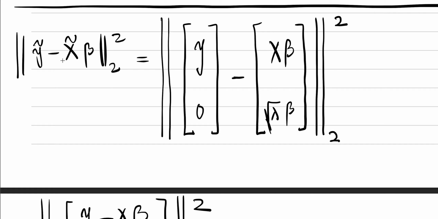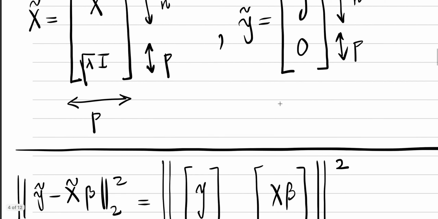Y tilde minus x tilde beta L2 norm is essentially just y and 0 minus x beta and square root of lambda beta. Why?